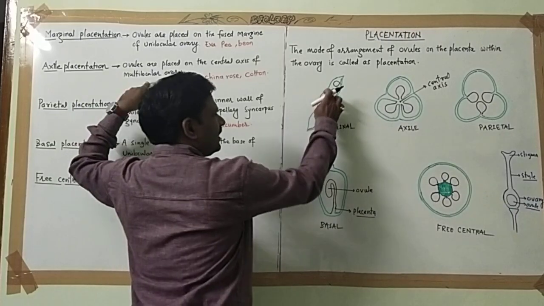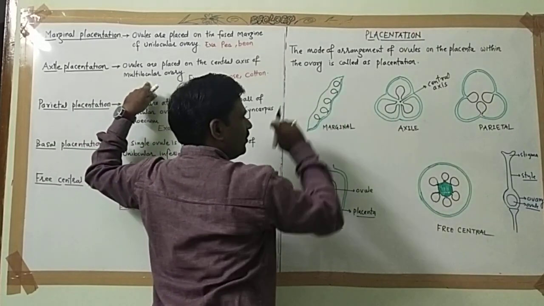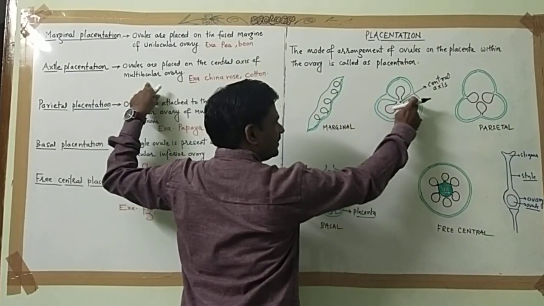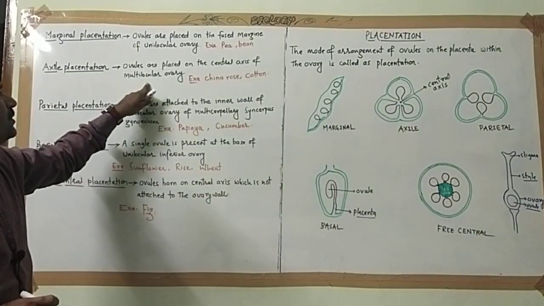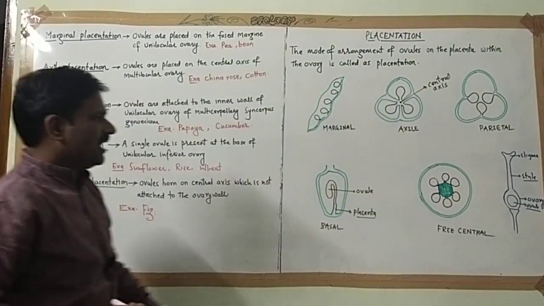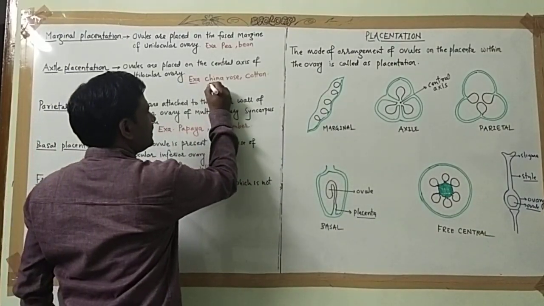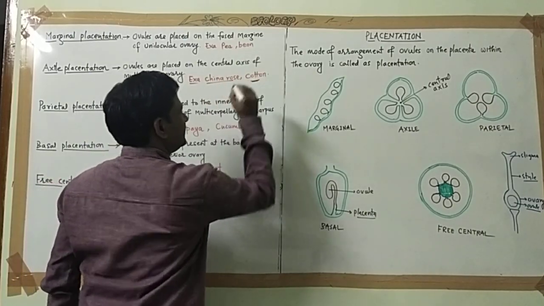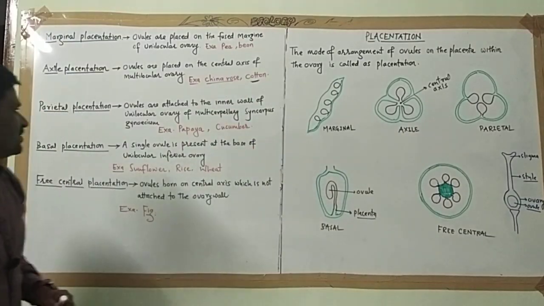This is unilocular, means here is a single locule, and inside the single locule there are many ovules. It is multilocular, means this is 1, 2nd and 3rd, 3 locules are there, and inside the 3 locules there are 3 ovules. This multilocular ovary we see in China rose and cotton. China rose and cotton show axial placentation.